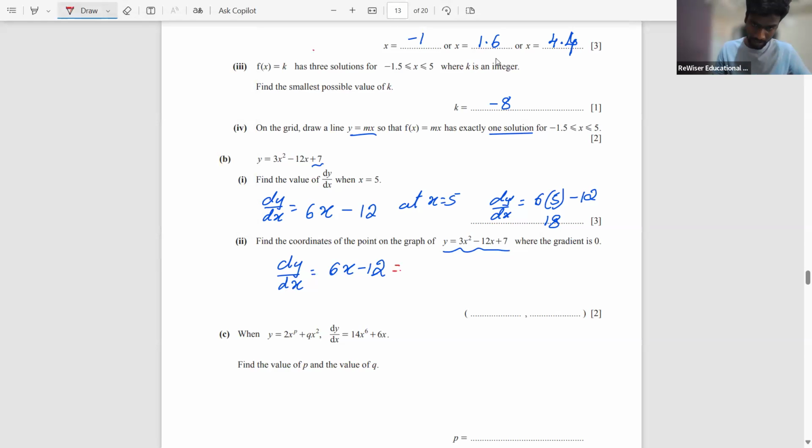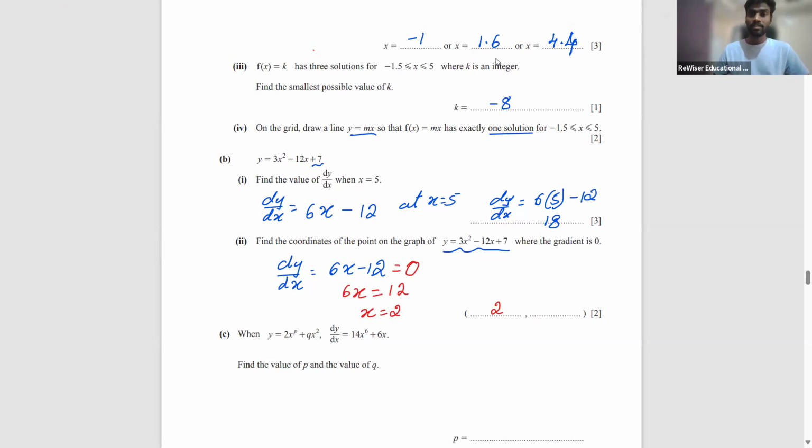So I'm going to equate this to 0 and solve for x. So it's going to be 6x equals 12, then x is going to be 12 over 6, which is 2. So the x coordinate is 2, and we should find the corresponding y coordinate as well.